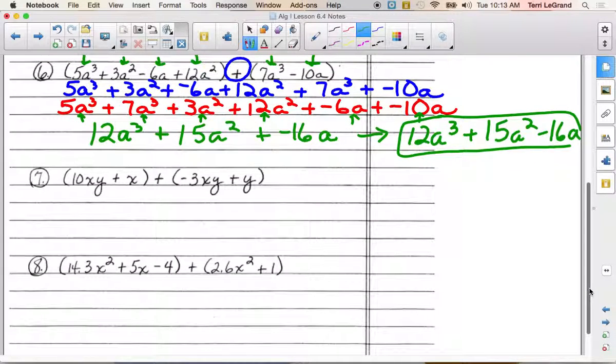Go ahead and try the other two on your own, and then compare with your table partner, see how you compare. When there's more than one variable involved, don't be worried about standard form as much, okay?